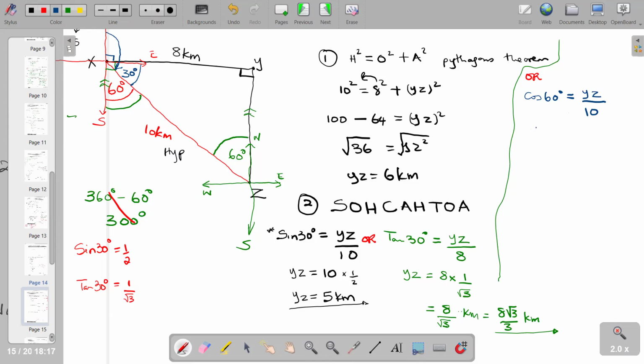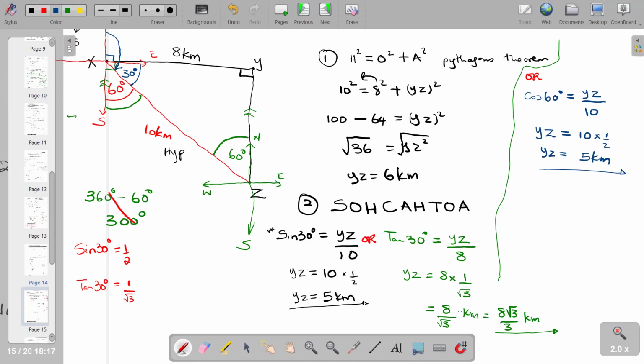It means your YZ is equal to 10 multiplied by half. So YZ is equal to 5 kilometers.